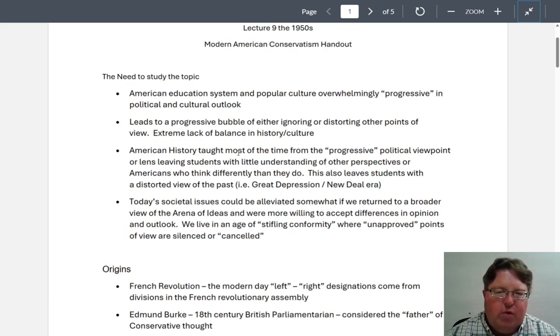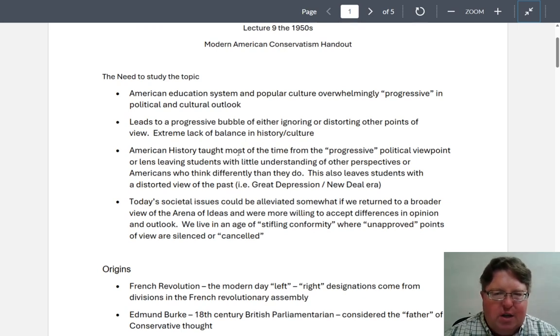So most Americans, or we as a society, for students, you get put into a progressive bubble. You get put into an intellectual, progressive, Marxist, liberal, whatever you want to call it, bubble. And you think that's the whole truth, and sometimes it's wrong. And so it distorts things about American history. For a lot of U.S. history and popular culture, there's an extreme lack of balance.